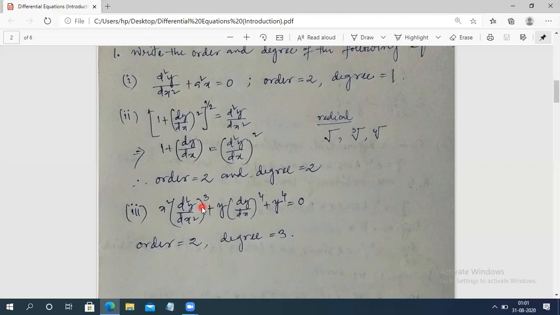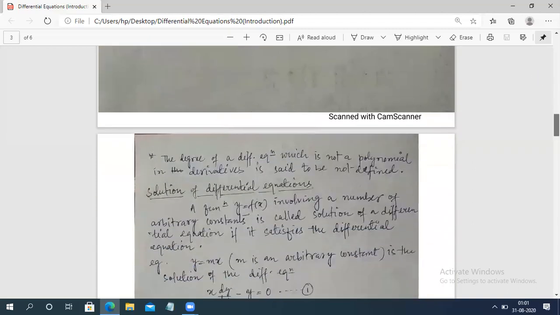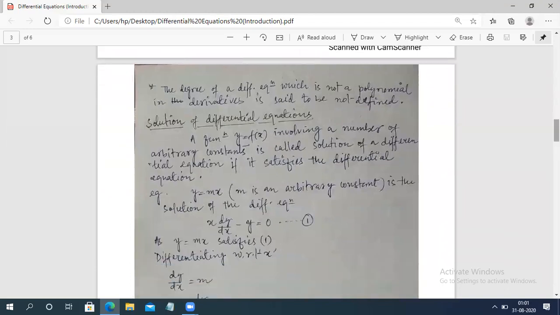Likewise, you can determine the order and degree of the remaining questions. Now this is a very small note: the degree of a differential equation which is not a polynomial in derivatives is said to be not defined.